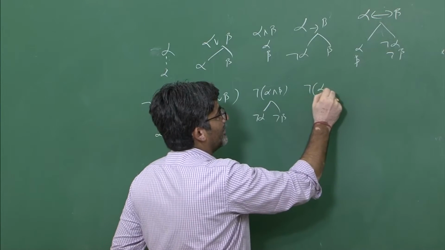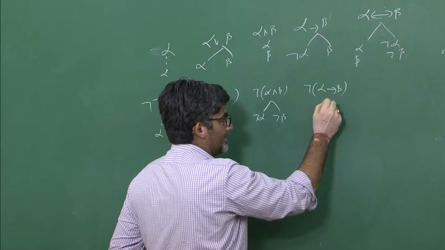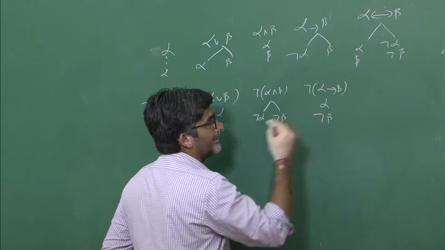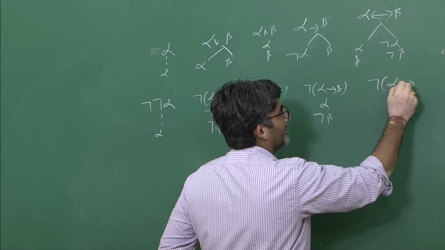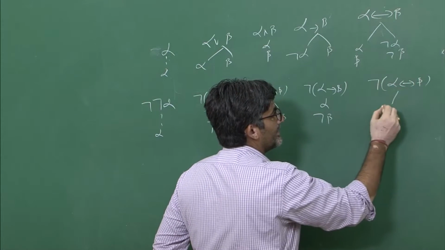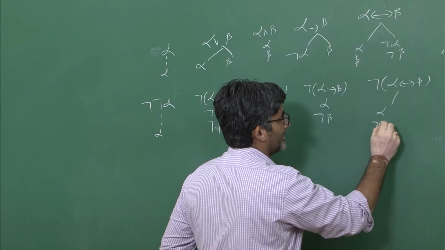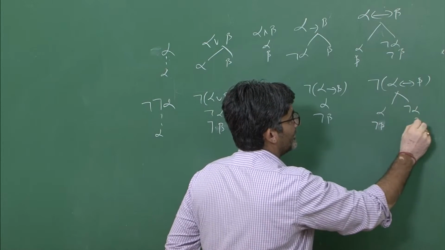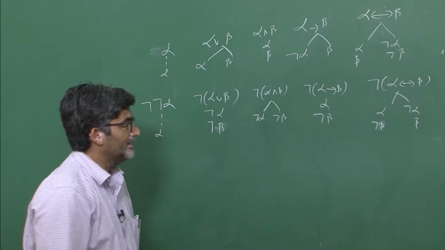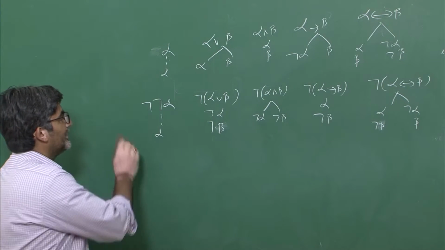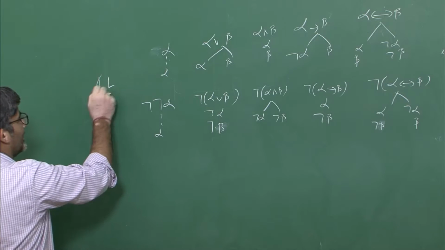So negation of alpha implies beta is nothing but alpha and not beta, or you can take even not alpha, beta also. So these are the things that we have in the case of classical logic.